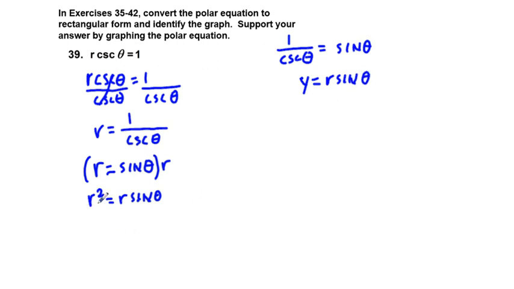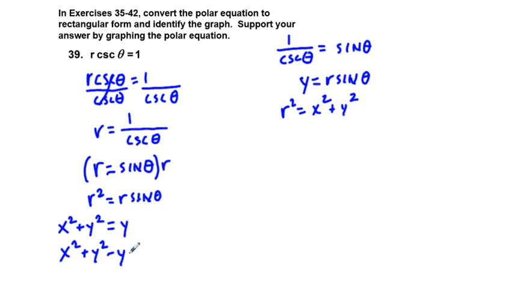So we know that r squared is equal to x squared plus y squared. So we change r squared to x squared plus y squared, and r sine theta we set equal to y. And for that, if we subtract y from both sides of this equation, we have x squared plus y squared minus y is equal to 0.